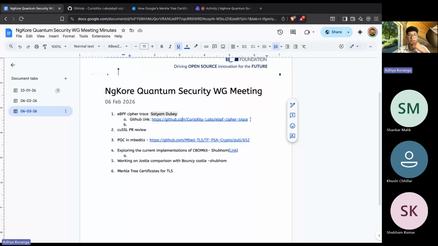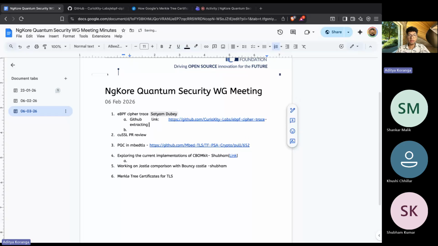So that is the current situation, extracting the cipher suites to eBPF. That is the current work.